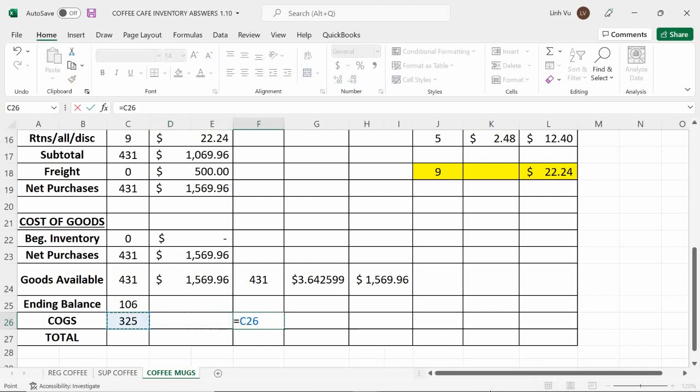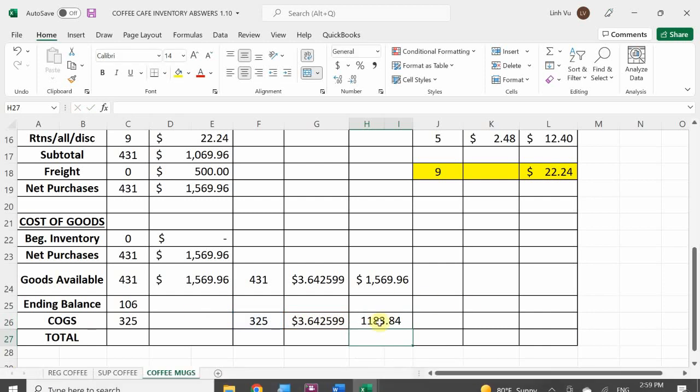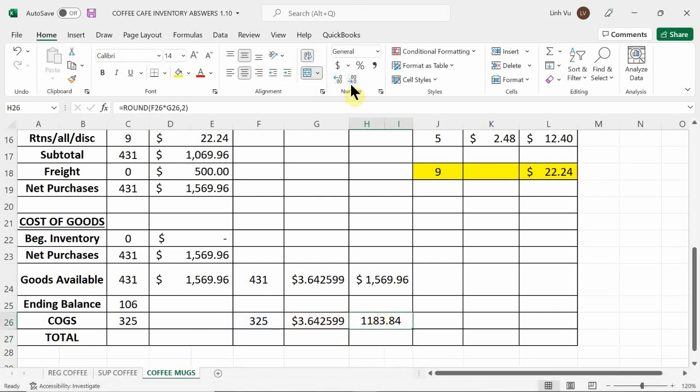I need to know how much it's going to cost me to sell 325 cups at $3.642599. So what is my total cost of goods sold going to be? 1183.84 is your grand total that you sold.